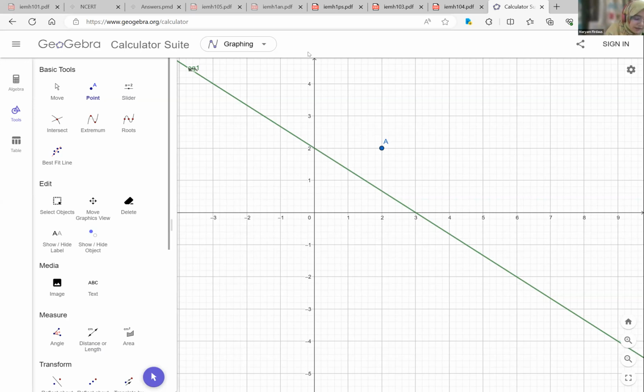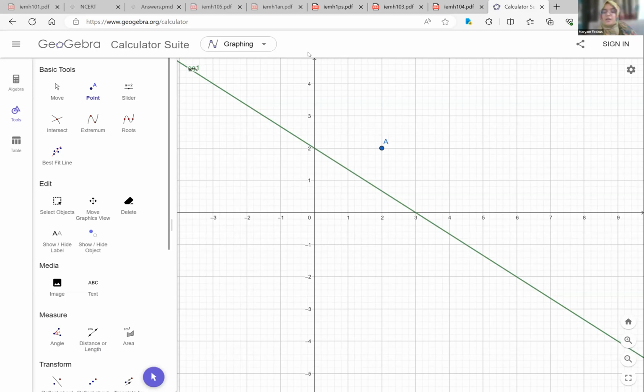This type of question might come in your exam: check whether the point (2, 2) lies on the line which has equation 2x plus 3y equals 6.